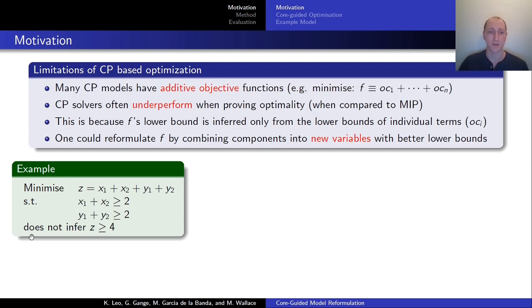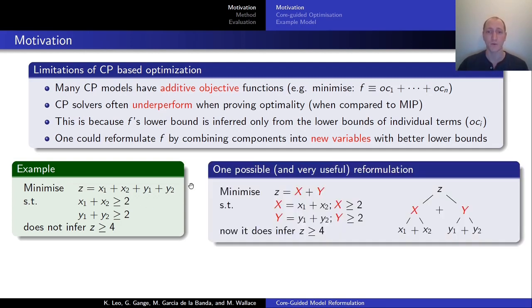As an example, we have this constraint program here, where a CP solver will not be able to find a better bound for our objective variable z, because any one of these objective terms could comfortably be set to its lower bound without affecting the satisfiability of the constraint. One way we could help our CP solver in this case is by introducing new variables and reformulating the objective.